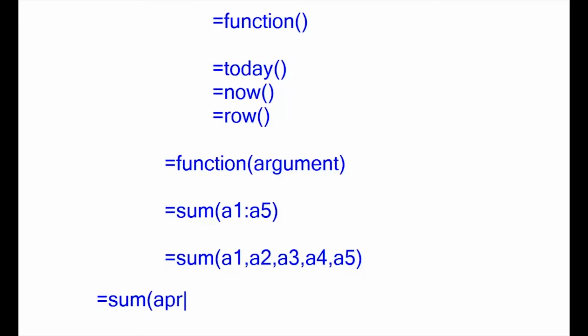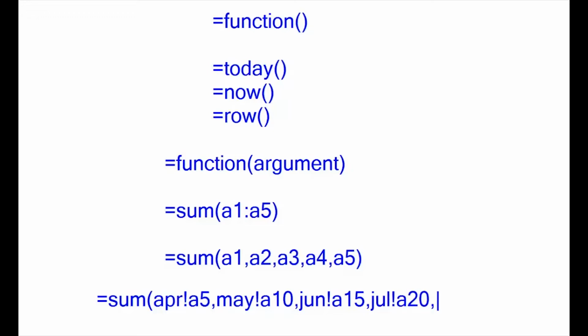If I did this, equal sum, open parenthesis, APR, exclamation point A5, comma, MAY, exclamation point A10, comma, JUN, exclamation point A15, comma, JUL, exclamation point A20, comma, AUG, exclamation point A25.